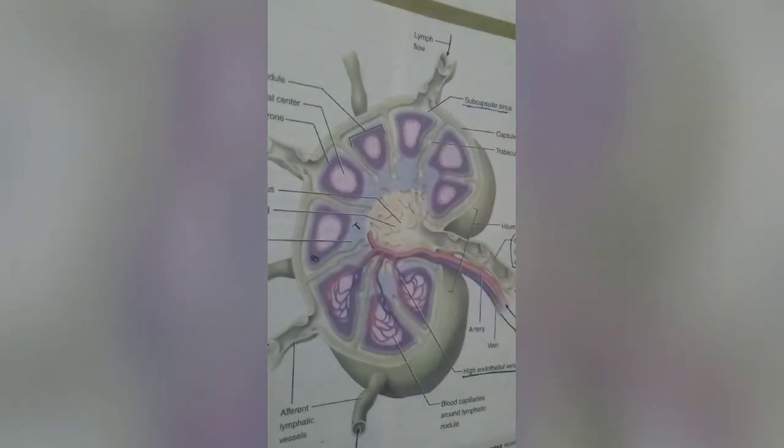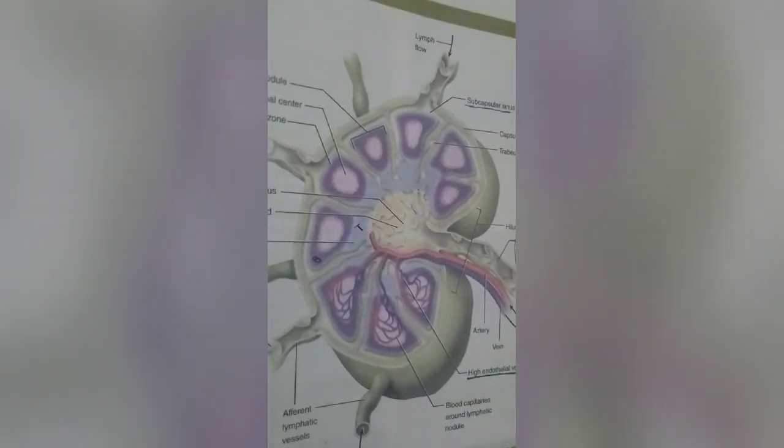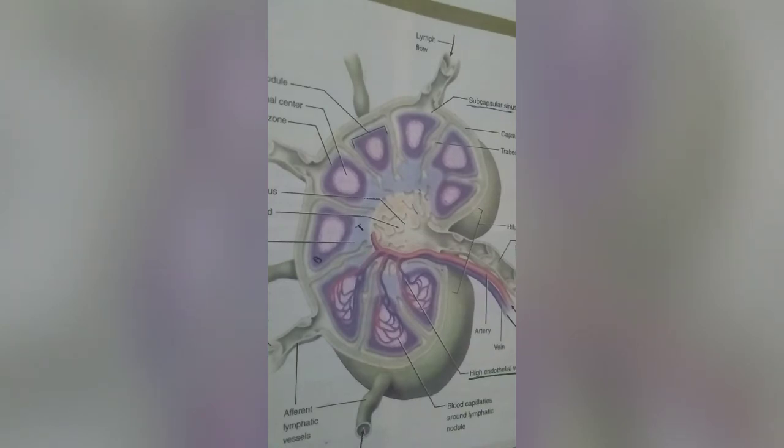The primary lymphatic nodule contains B lymphocytes and does not exhibit any germinal center. So this is the difference between the primary and the secondary lymphatic nodules.